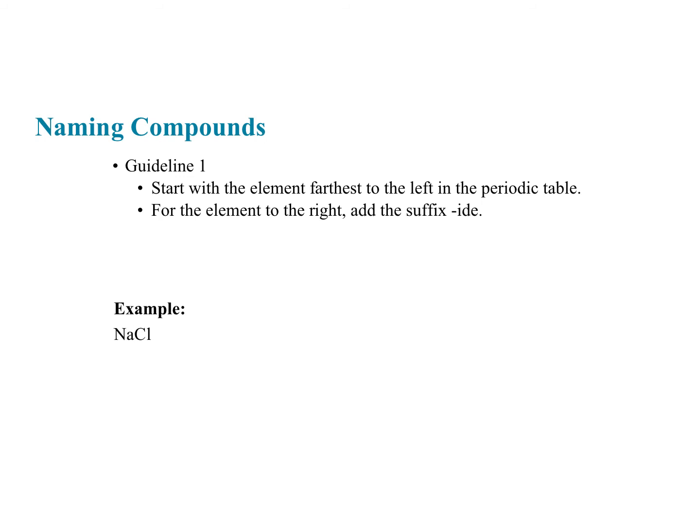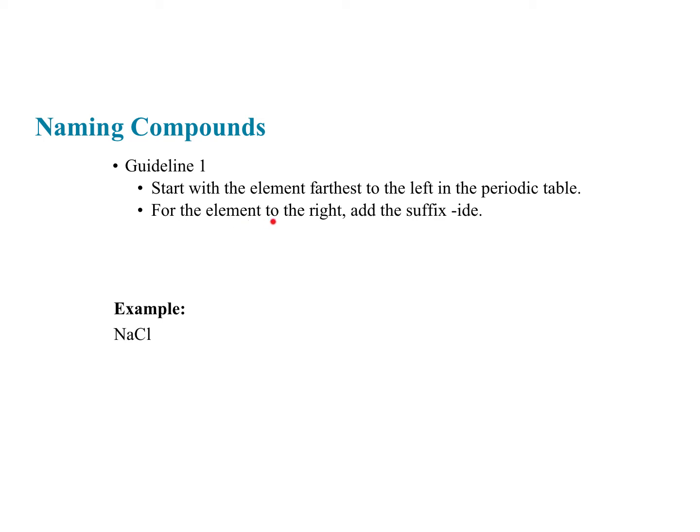Now, notice I've been calling NaCl sodium chloride, not sodium chlorine. That's part of one of the chemistry naming conventions for how you name chemical compounds. And so here's a basic guide. If you want to read it out, you start with the element to the farthest left in the periodic table.